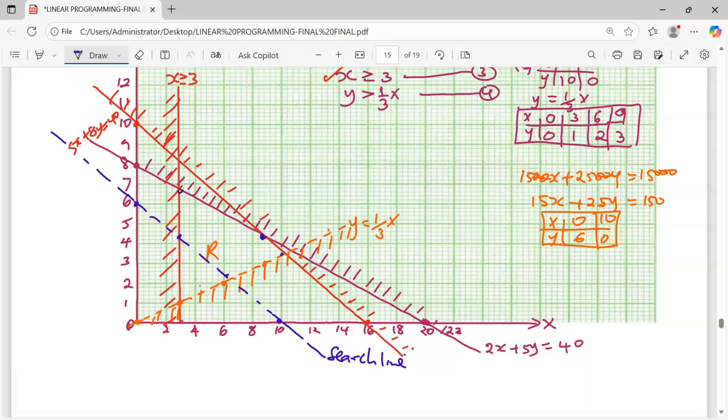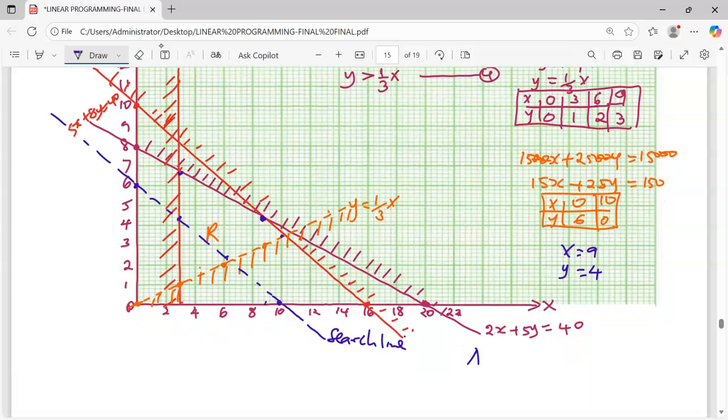But the point that is going to give us the highest number of machines required to maximize the profit would be at this point here, where we are going to have x being around 4.2, and the value of y down here would be, so this is x is 9 down here, and the y is around 4.2, which is 4.